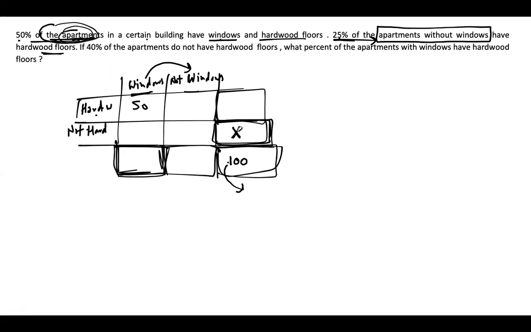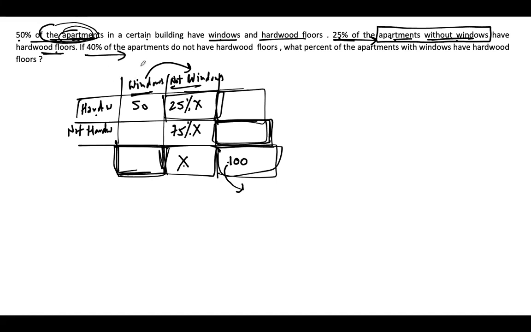This is apartments without windows, and 25% of this value have hardwood floors. That means 75% of this value will not have hardwood floors. That may not be important, but I'm just filling this box.